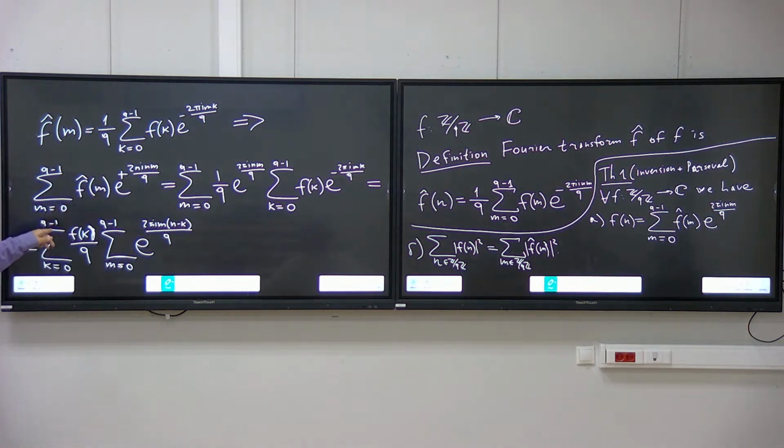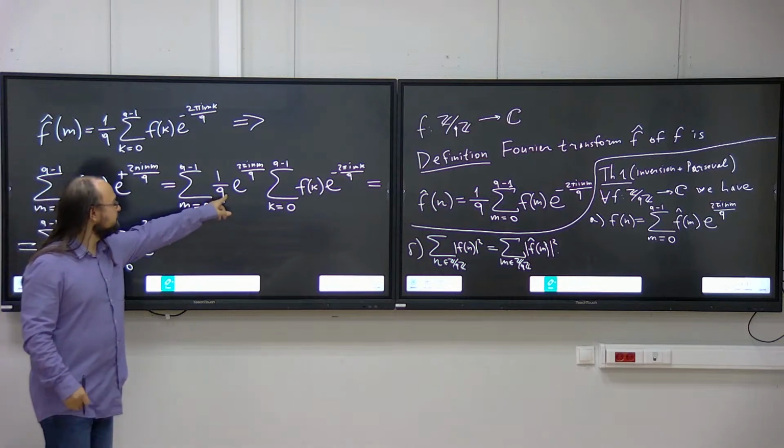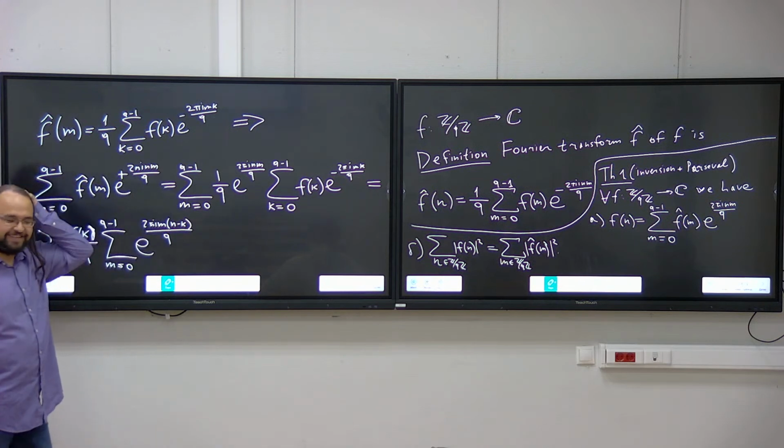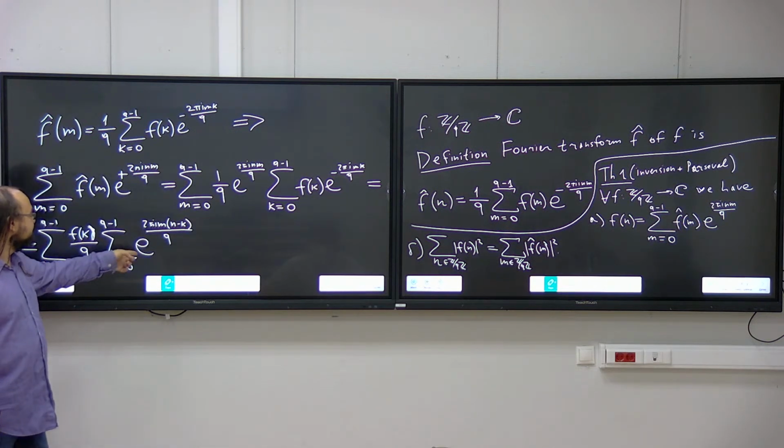This is because we joined two exponents together, right? Okay, so now we need to evaluate this inner sum.